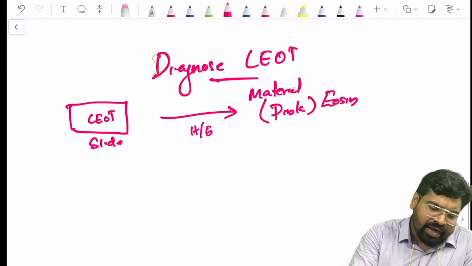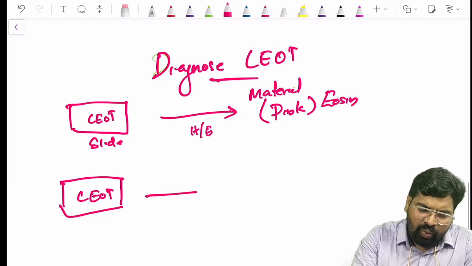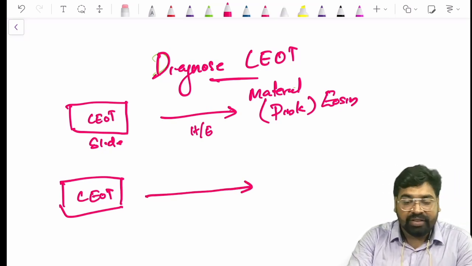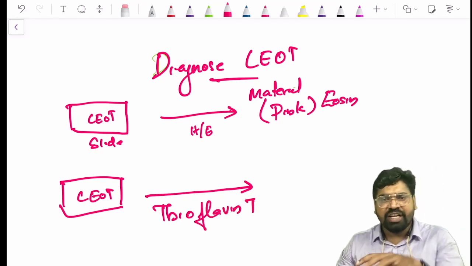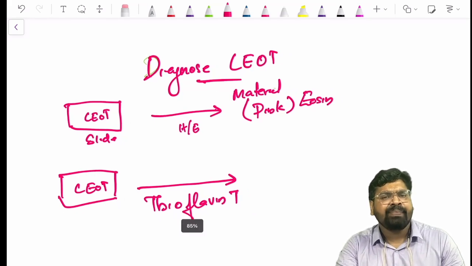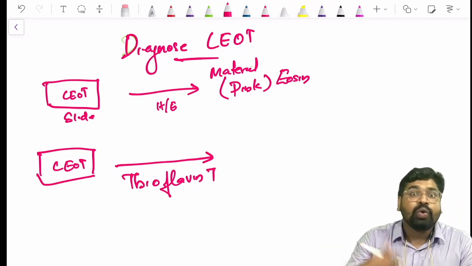So I take another slide of CEOT. This time I am going to stain with thioflavin T, so I have changed the stain. And I am going to see this slide in a fluorescent microscope.